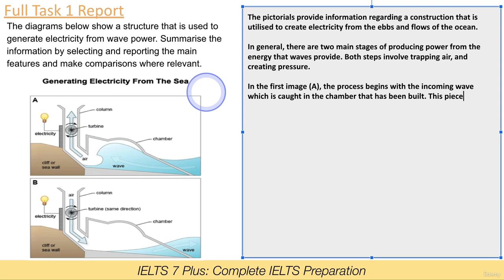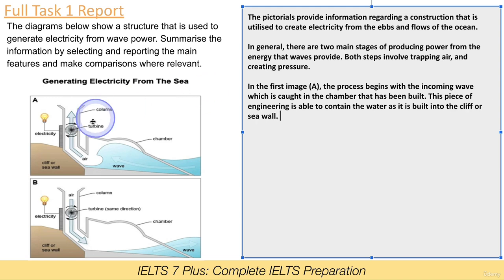This piece of engineering is able to contain the water as it is built into the cliff or sea wall. There we go. So we're just explaining how this is all able to happen here.